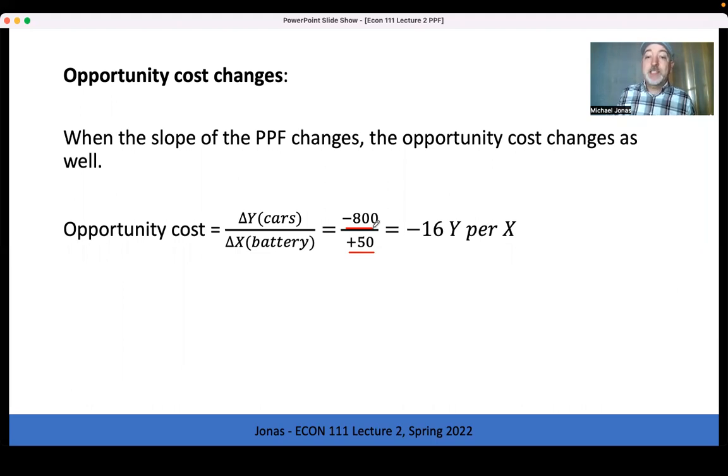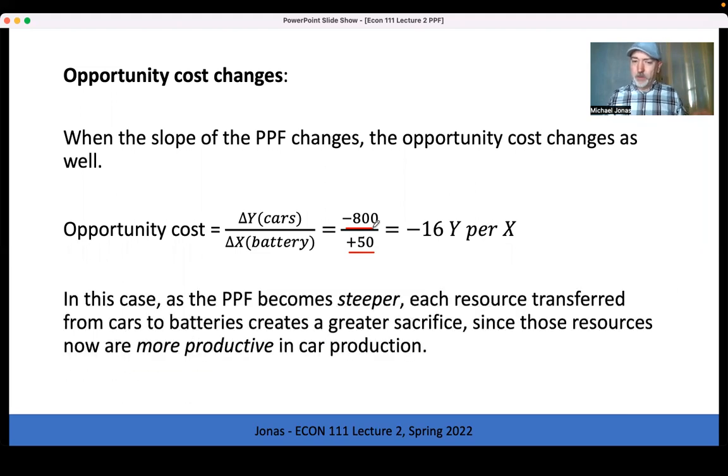So a ratio of 16 Y per X, every X costs 16 units of Y. That's the new opportunity cost. And again, that should make sense with the story, right? Every worker, every tool, every piece of machinery taken away from car production is costing you more now because it was more productive in that sector.